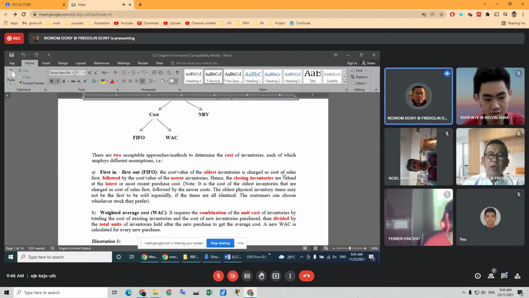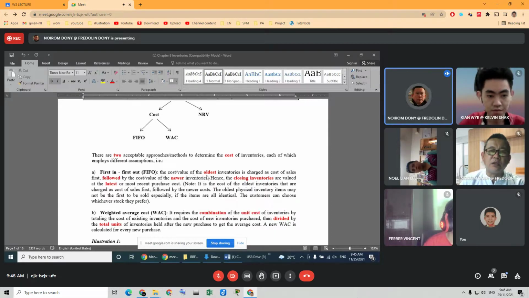If November and December are not sold yet, they become inventory. So the value of the inventory, because we have not used it, will use the newer prices. That is the meaning of this wording.